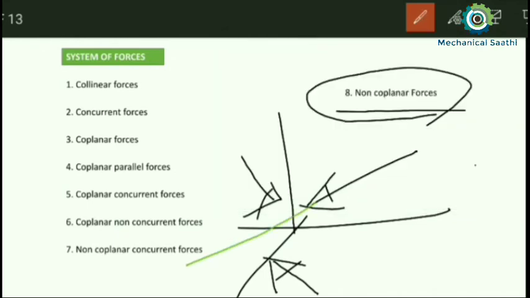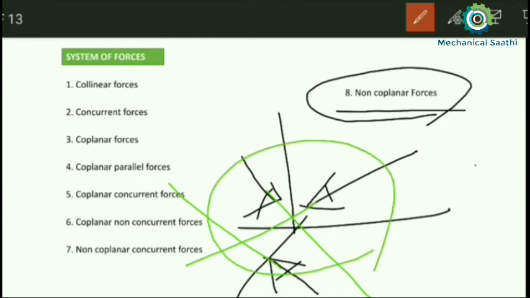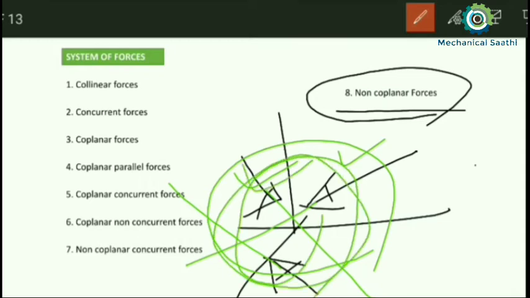If we extend them, they are still not meeting at a single point, so we cannot say that this is a concurrent force. This one is concurrent. But if we take all these three as a system, then we cannot say that it is a concurrent force.